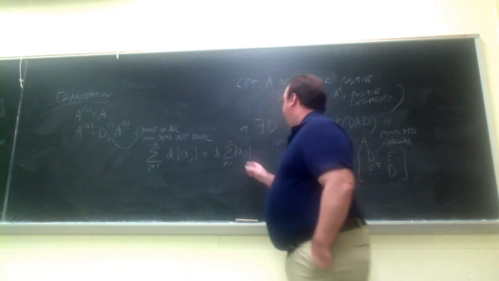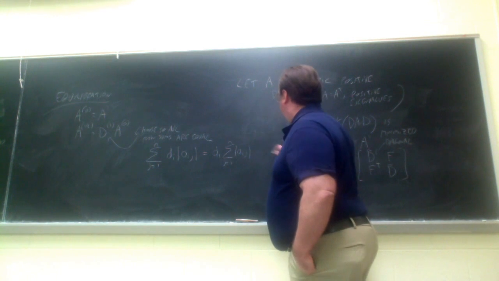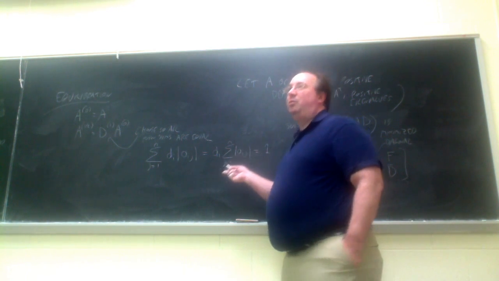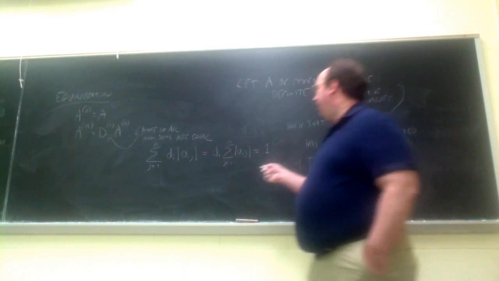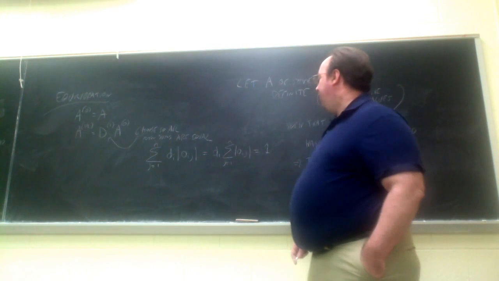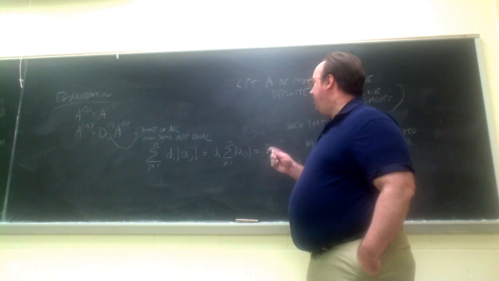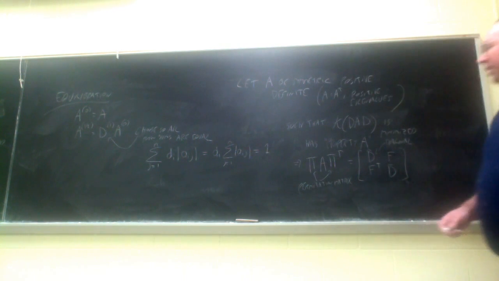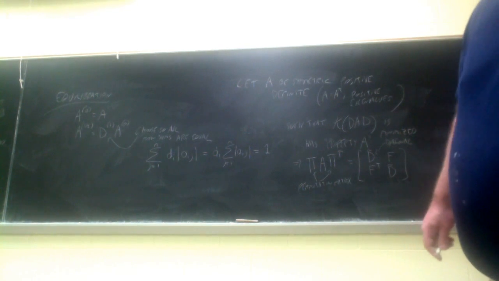So if I want all the row sums to be equal to 1, for instance, I can choose each di to be 1 over the previous row sum.